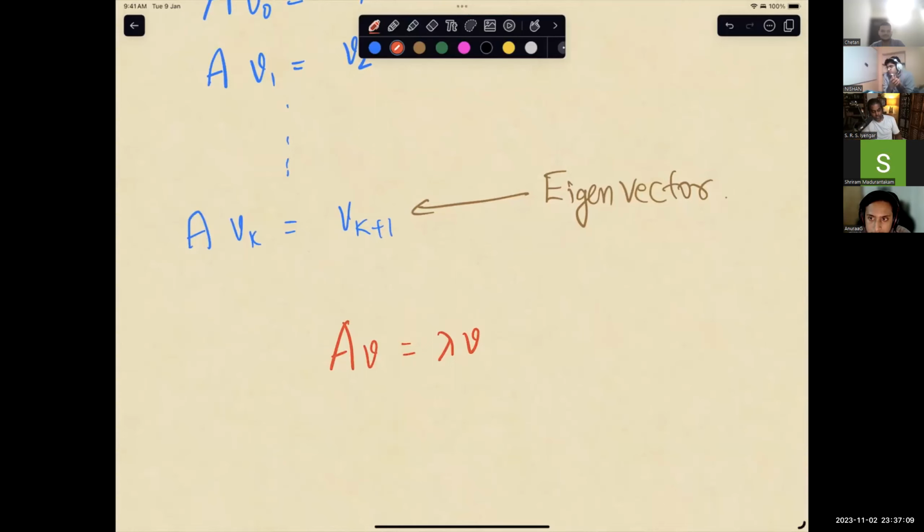When you apply A on V, you see by what factor it is getting scaled, and you get to know the eigenvalue also.